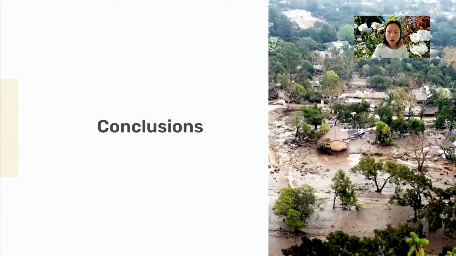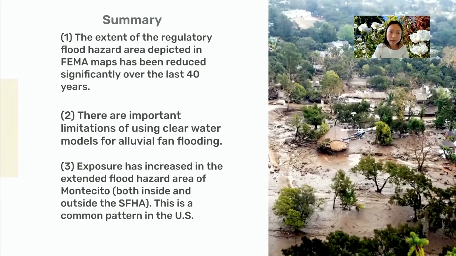And to conclude, we want to bring out three key findings. First, the extent of the regulatory flood hazard areas indicated by FEMA has significantly reduced over the past 40 to 50 years. Second, there are important limitations of using FEMA flood maps that are based on clear water models to project debris flow hazards in Montecito, which are more associated with the alluvial fan flooding process and the sediment transport model.